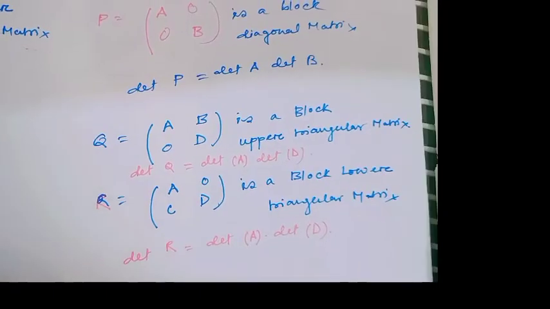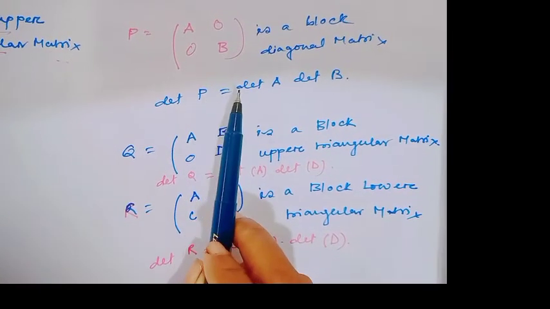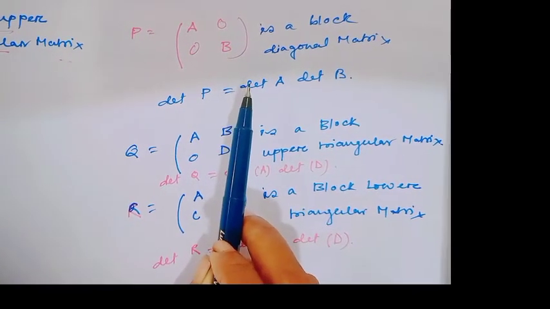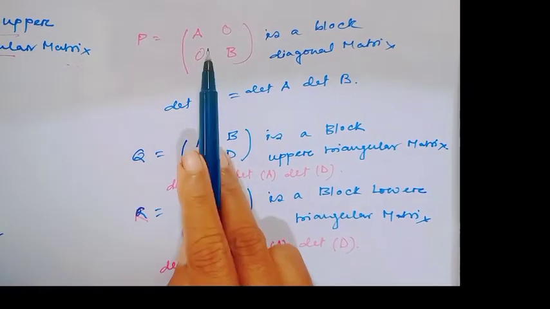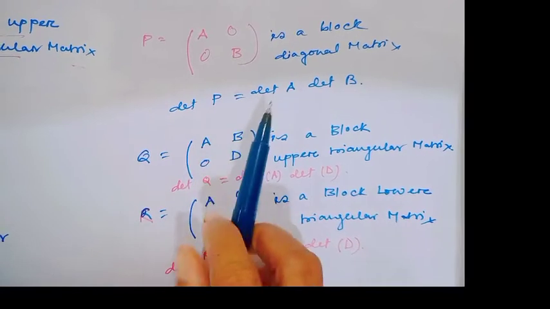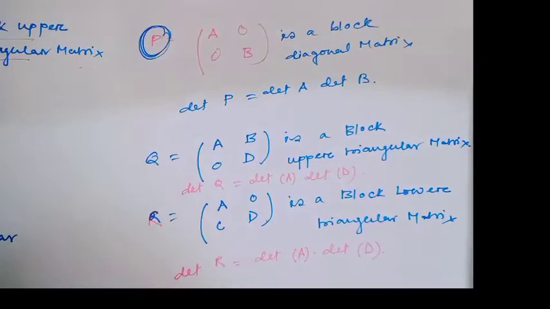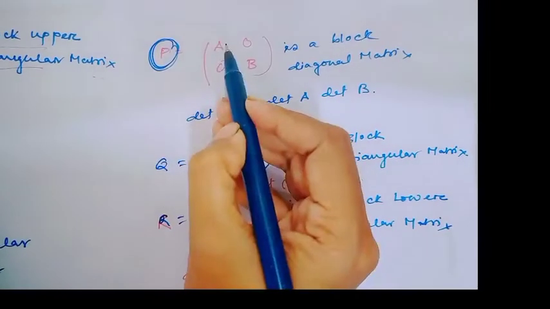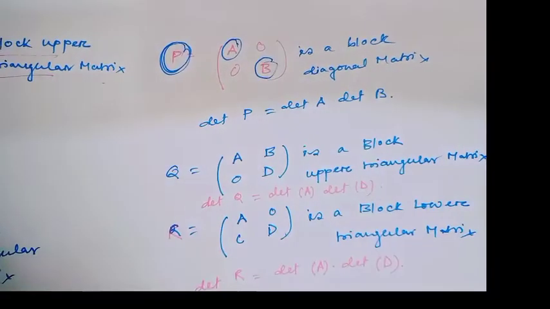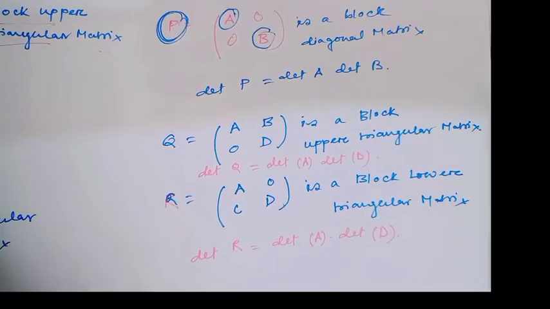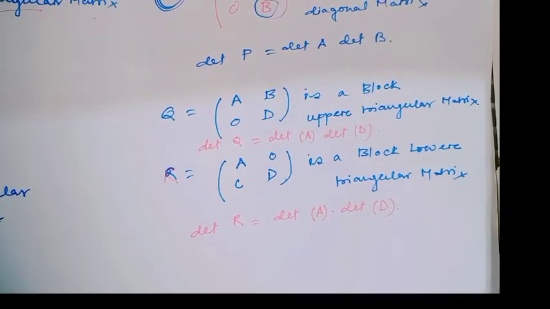Now I will say some properties of block matrix. At first I will see the determinant of a block diagonal matrix. Here notice this is the block diagonal matrix. Since this matrix is denoted as P, the determinant of this matrix is determinant of A times determinant of B. Similarly, consider Q as a block upper triangular matrix.